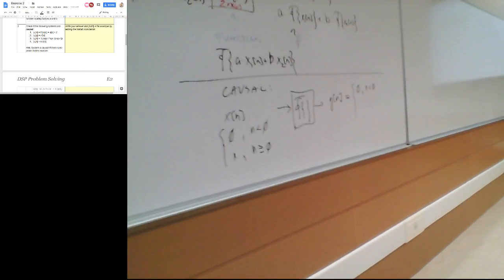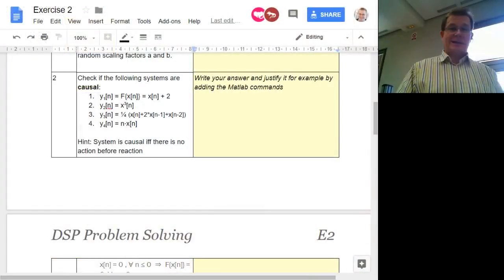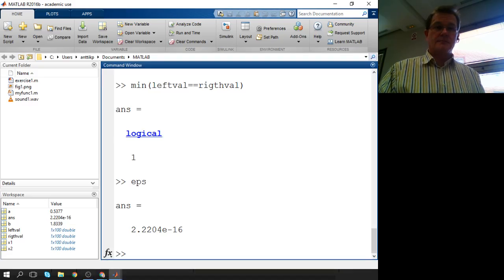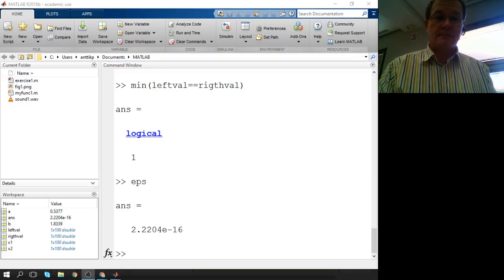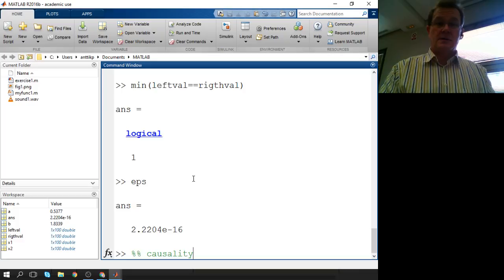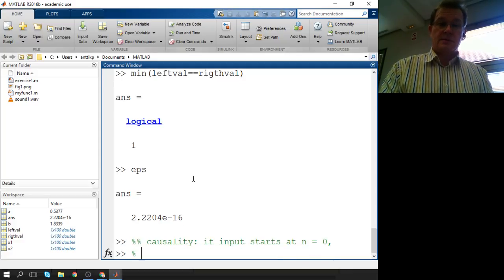So let's see what that one would be in MATLAB. Okay. So causality. If input starts at n equals 0, the output cannot start before.